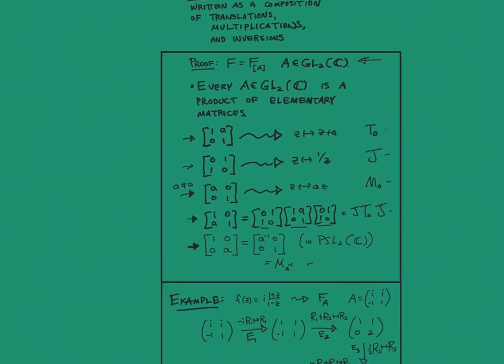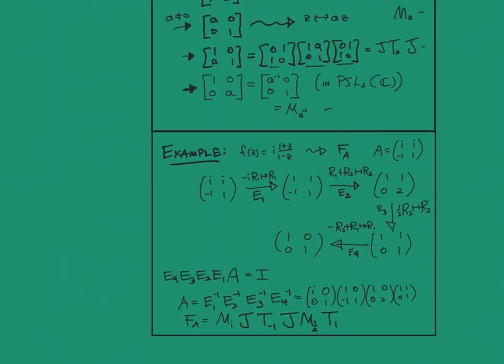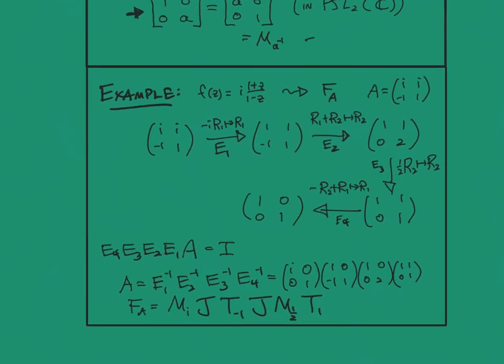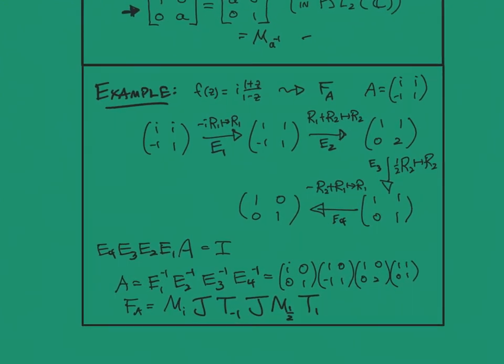Now let's look at a quick example to just illustrate this. Again, I'll do it with the Cayley transform for no particular reason. I don't want to go into too much detail because this is just basic linear algebra stuff, but it might be a little useful to see this done concretely. So here's our FLT written in its initial form, but we can write this as FA using the matrix A right here. And we perform row operations to this to convert it to the identity, and I'm going to keep track of all the row operations.